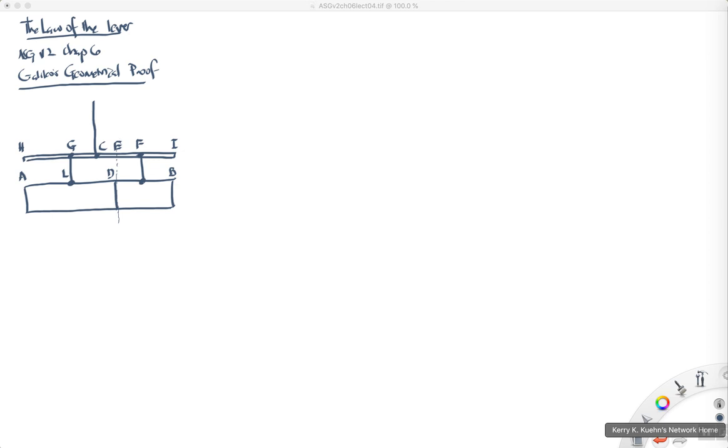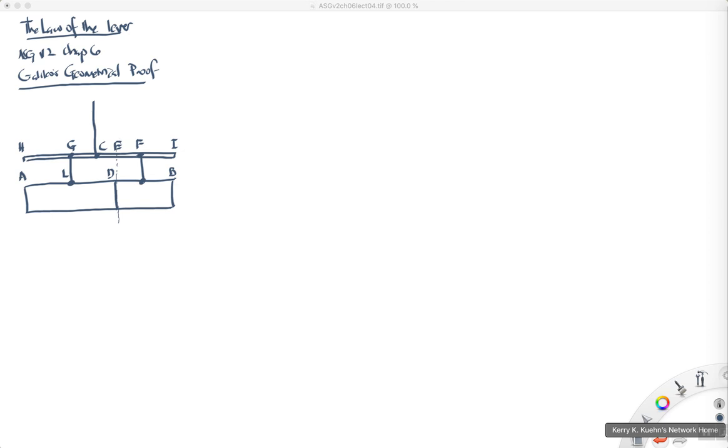Okay, so I've drawn a picture here that corresponds to the way Galileo understands this. You see here there is a string hanging down, and from that string at point C there is a support beam. Point C is in the middle of the support beam, and suspended from that support beam is a heavy prism that you have cut vertically at point D. So you have one block of length AD hanging from the left-hand side, and another block of length DB hanging from the right-hand side.